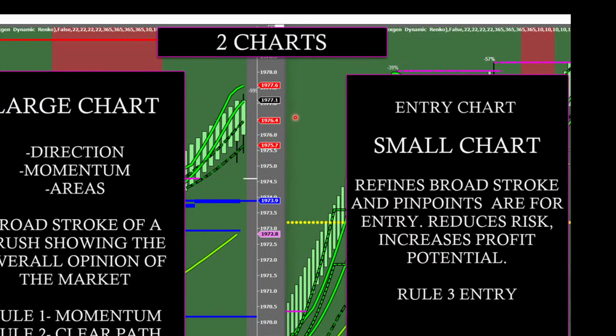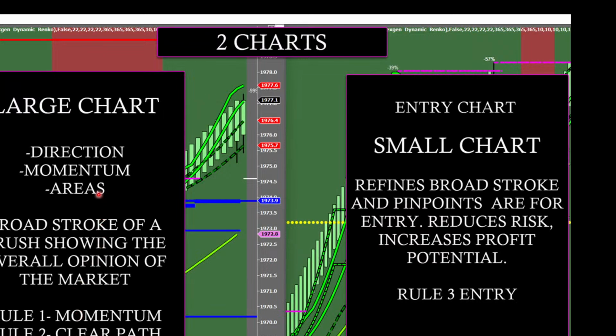Let's keep it simple. On the most current bar, the first printing bar on your large chart, guys, this large chart is a slow chart. It's a very broad stroke of a brush. It's difficult to see change happening on the large chart. So the large chart is going to define the direction of the market. The large chart will define the momentum in the market through rule number 1.